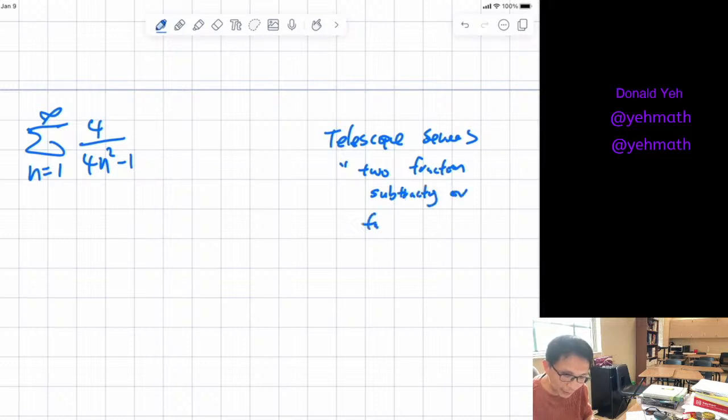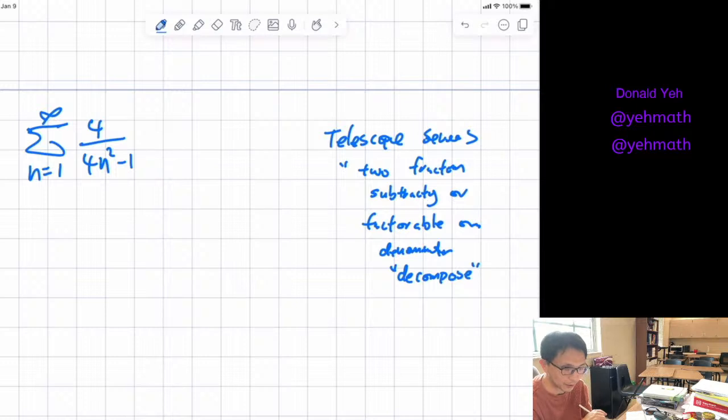Factorable on the denominator, and then you can decompose. So usually it's a telescope series. So that's that. No big problem.